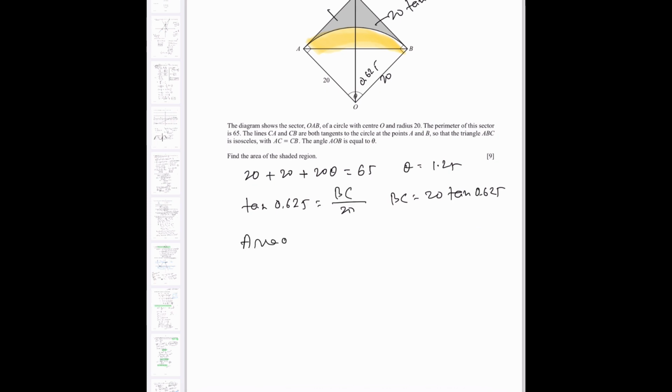Area of the quadrilateral: there are two shapes, two triangles. Let me first find this part.